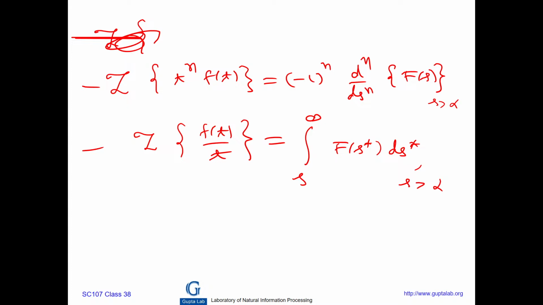One more result I would like to tell you, which is very, very important, known as the convolution theorem. It has a deep meaning physically also, but at this time there is not enough time to go into the physical side, but I can tell you the convolution theorem.